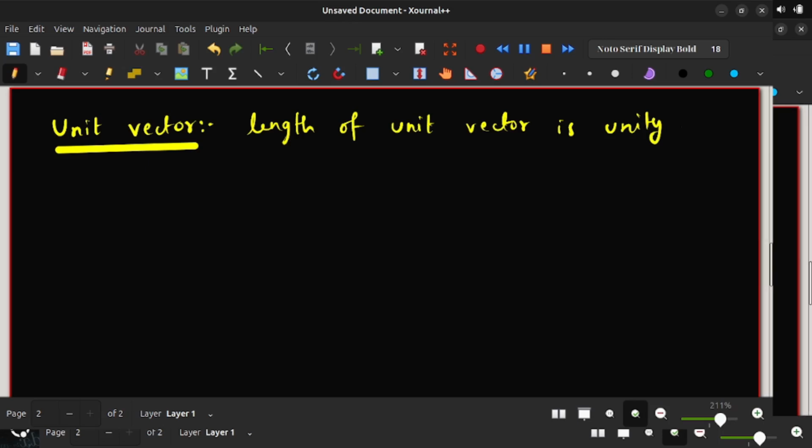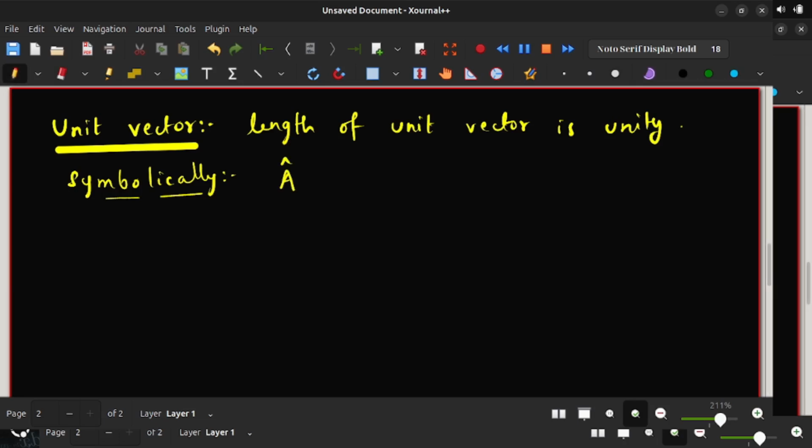And by unity, what do I mean? That the length of a unit vector is 1. A unit vector is symbolically written like this. If A is a vector, then its unit vector is given like this.